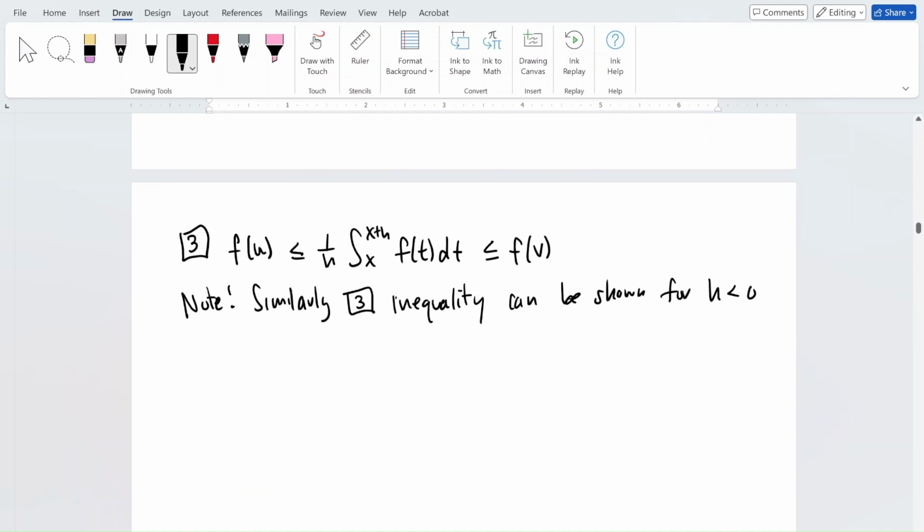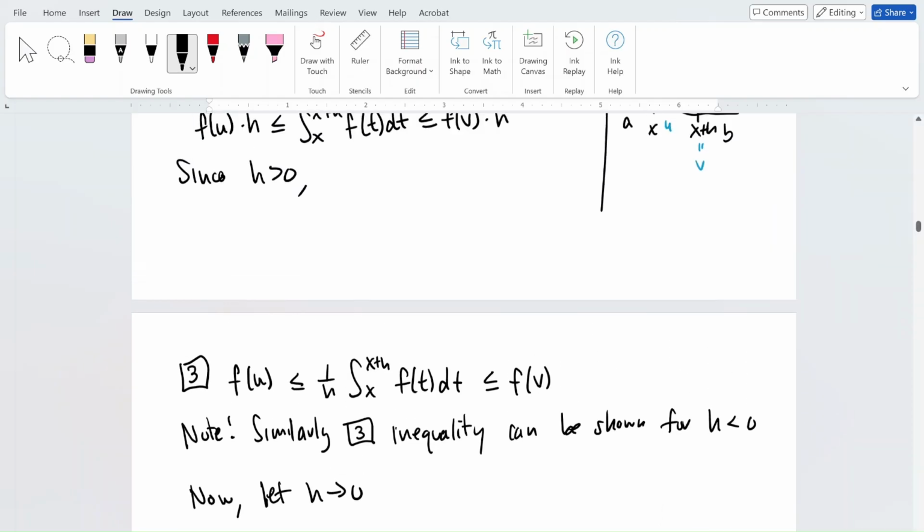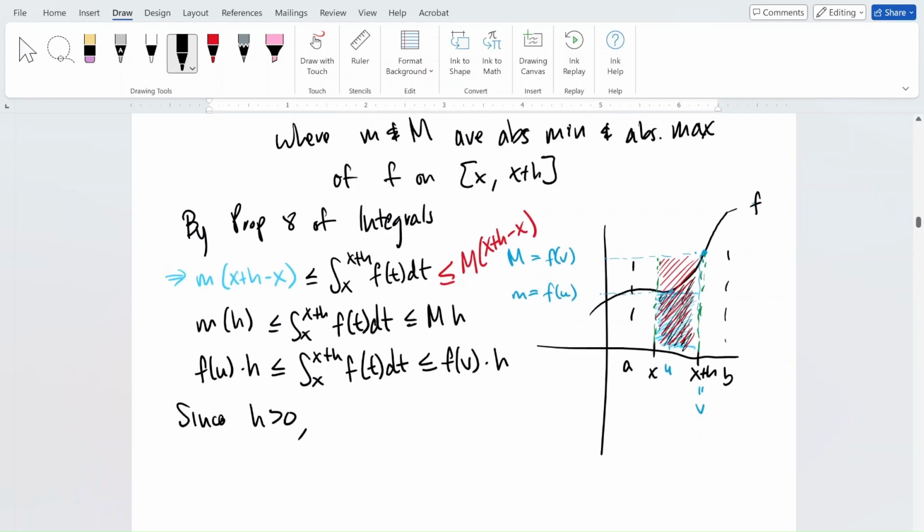So moving forward, now let h go to 0, because that's part of my definition of derivative, the limit as h goes to 0. Well, if I go back up to my diagram, if h goes to 0, x plus h is moving to the left, closer and closer towards this x value.